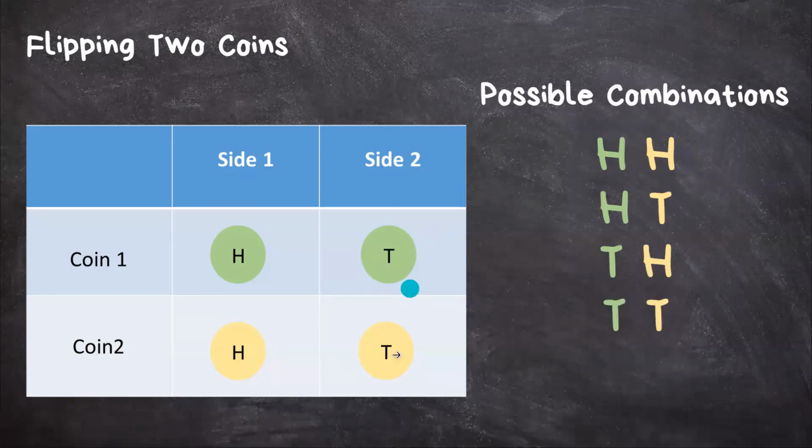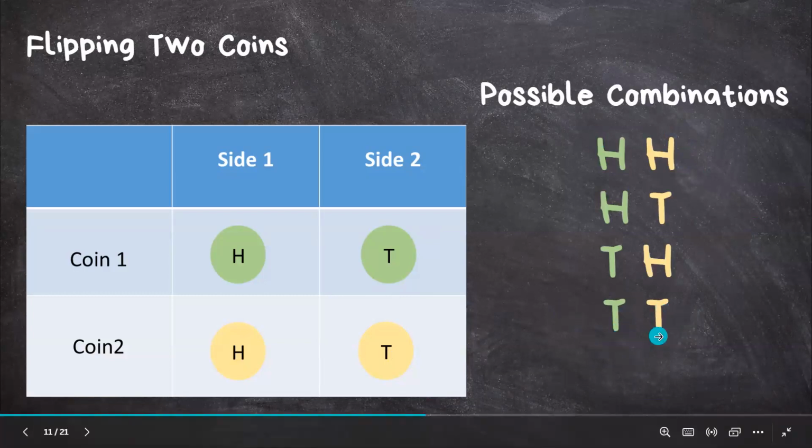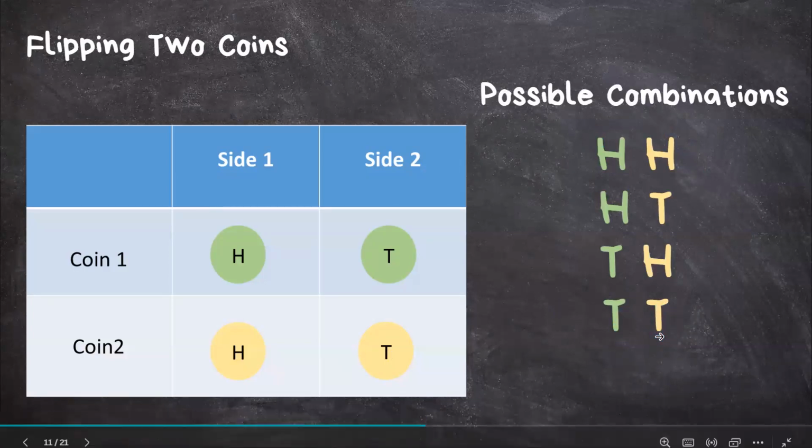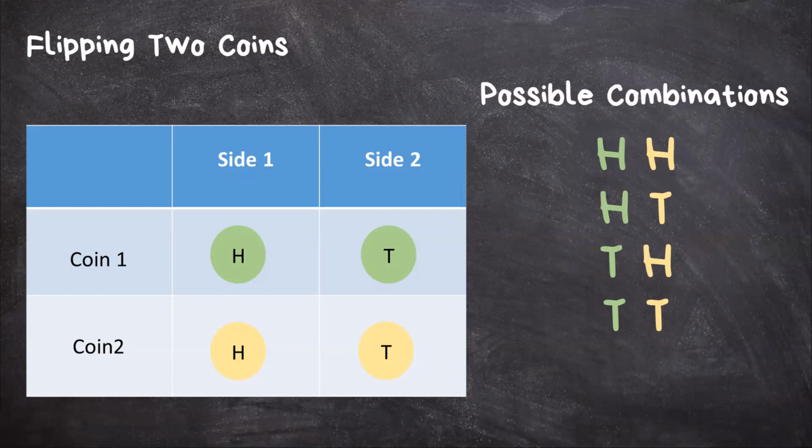Or you could get both tails, so tail, tail is the fourth state. So when you're flipping two coins, the total number of possible outcomes, or possible states, is 4: head head, head tail, tail head, and tail tail.